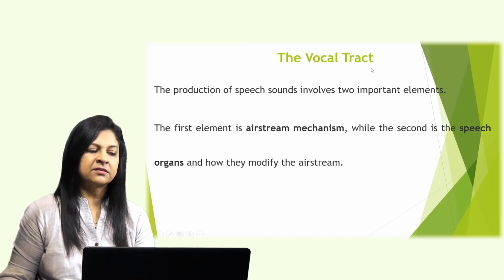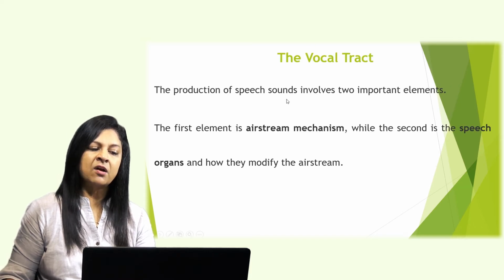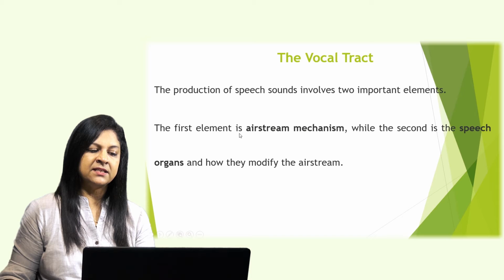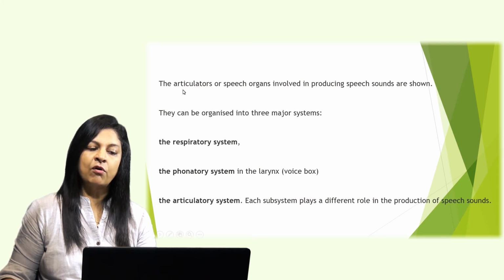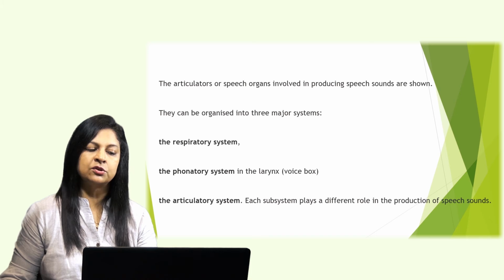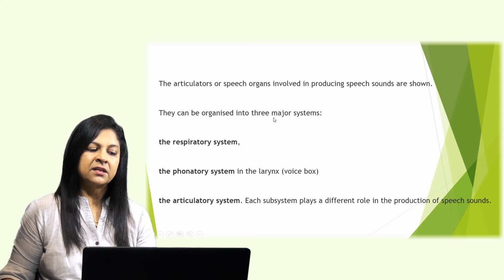The vocal tract. The production of speech sounds involves 2 important elements. The first element is the airstream mechanism, while the second is the speech organs and how they modify the airstream. The articulators or speech organs involved in producing speech sounds are shown. They can be organized into 3 major systems: the respiratory system, the phonatory system in the larynx or voice box, and the articulatory system.